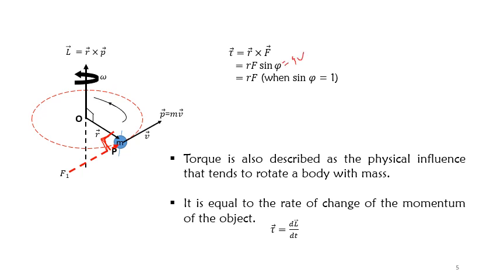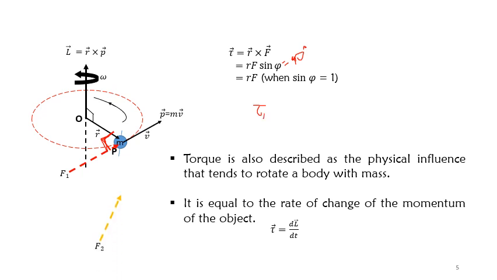At that point, sine 90 is equal to 1. So you have a maximum torque. The force is most effective, the highest value of torque. Okay, so here for F1 we have tau. Torque is written as tau, not T. Let me rewrite it. It's written as tau 1.